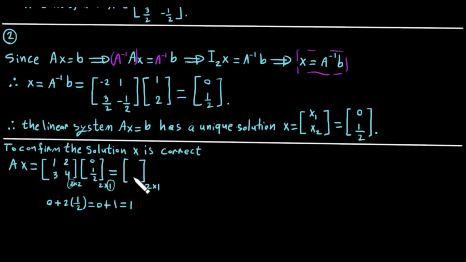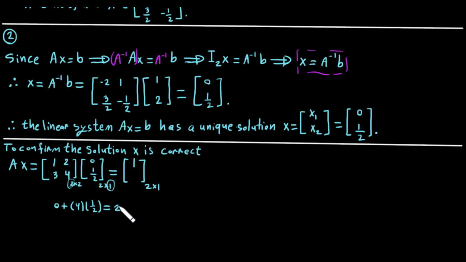So here I have to write 1. 3 multiplied by 0, which is 0, plus 4 multiplied by half. 0 will disappear, so 4 multiplied by half, which is 2.